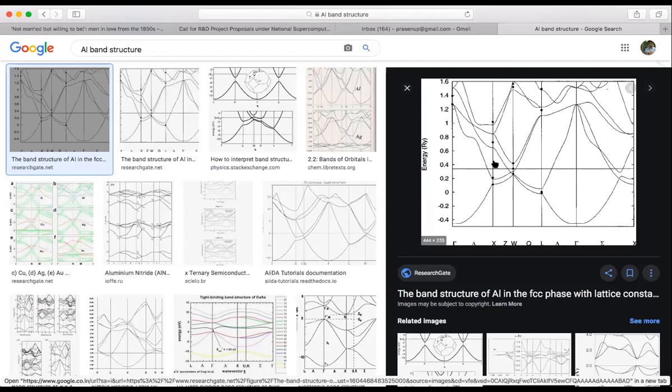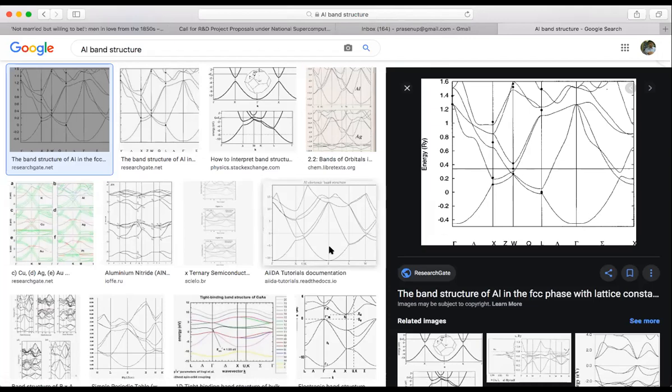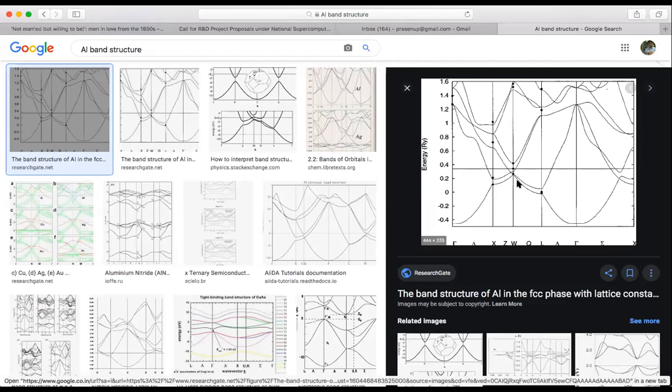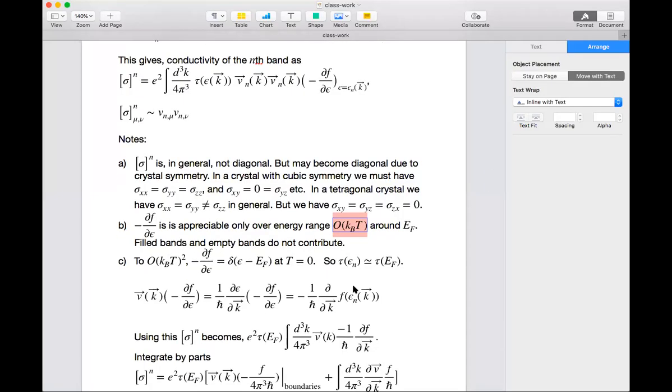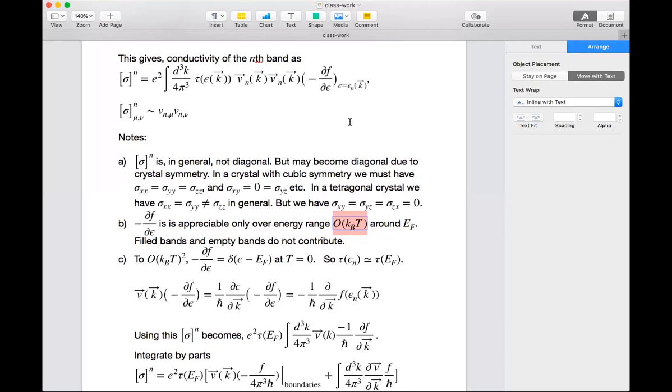Only those bands which have states within an energy range of kBT around the Fermi energy are the ones that will contribute. So what we argued earlier, that completely filled bands do not contribute to current, remains true in this case also, and it shows up through this derivative of the Fermi function.